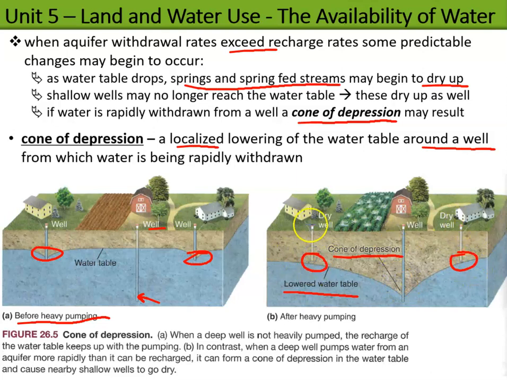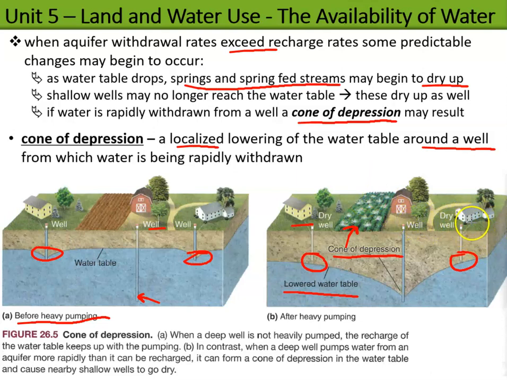And so these adjacent wells that are much shallower are not reaching the water table anymore. So essentially they've dried up. Maybe this is their farm and they have 2 wells, and this well has caused their other personal household well to dry up. And I think this field is drawn to show that there's irrigation going on, little sprinklers through the field.